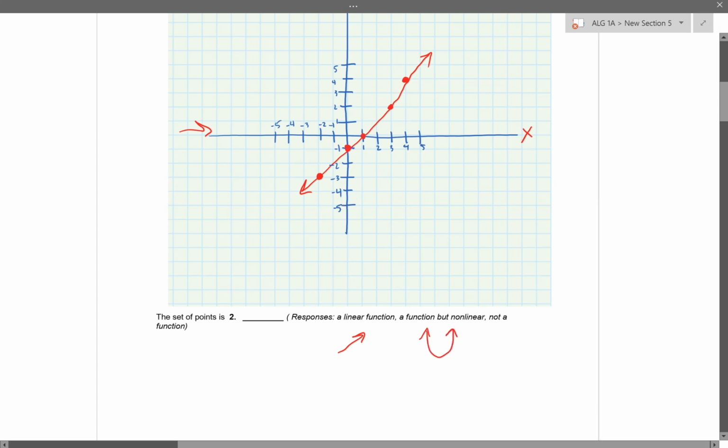But not a function is something like this. So which one does it look like? Well, it looks like a linear function. So that would be our first choice. Okay, remember straight lines are linear, non-linear but it is a function looks like a U, and not a function looks like a backwards U.